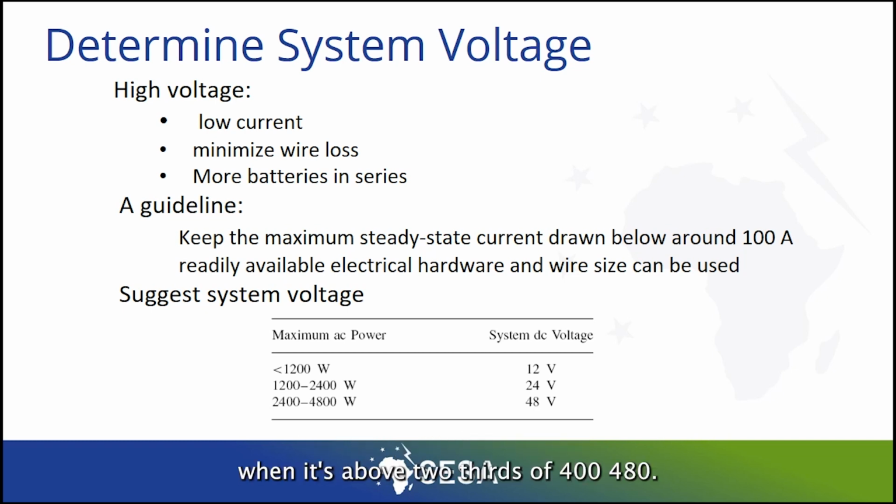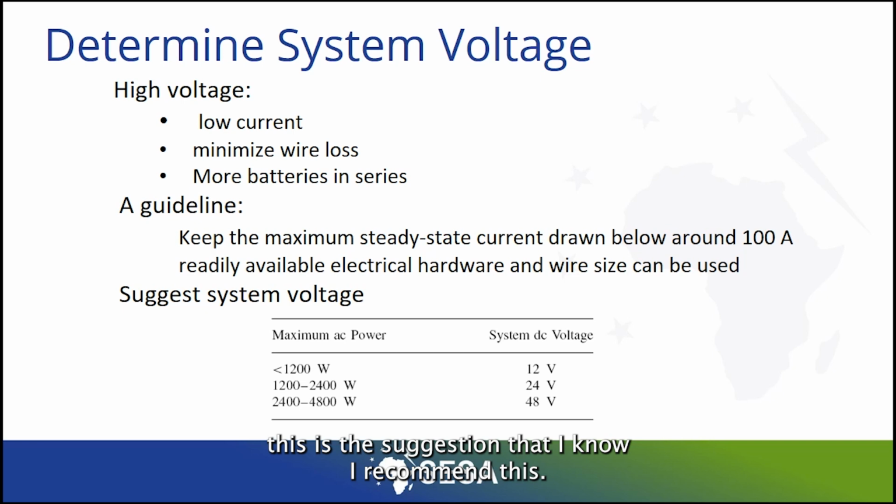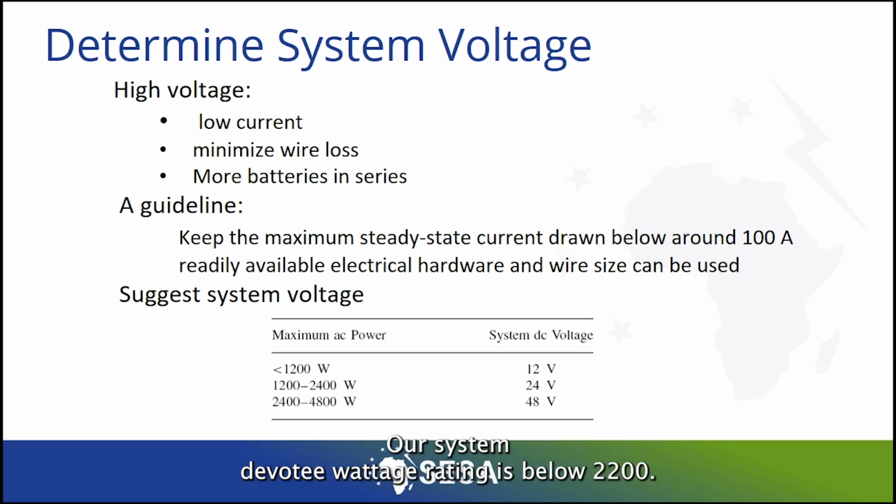And when it's above 2400 watts, a 48 volt system, and when it's a large system, you may have to consider higher voltages. This is the suggestion that I normally recommend. In our system, the wattage rating is below 1200. Therefore, our system voltage will be 12 volts.